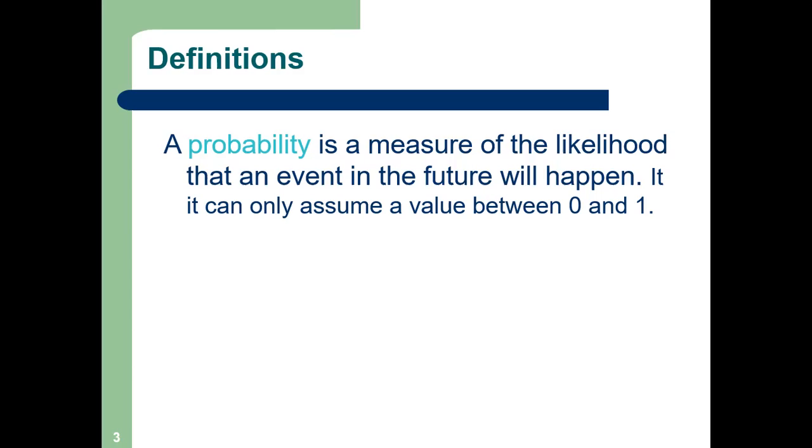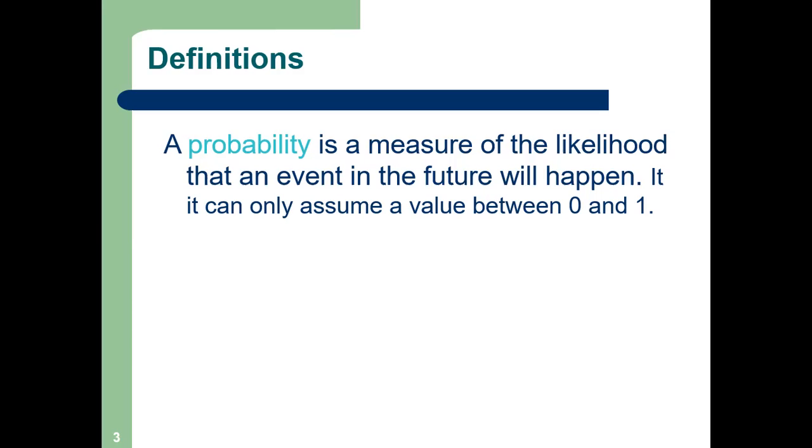If we go by definition, then we can explain probability as the measure of likelihood of an event that it will happen in some future time. And in total, the highest value of probability is 1, and the lowest value of probability is 0. When there is no probability, we say it's 0. And the highest level of probability is 1. 1 means, in other words, we can say it's 100%.